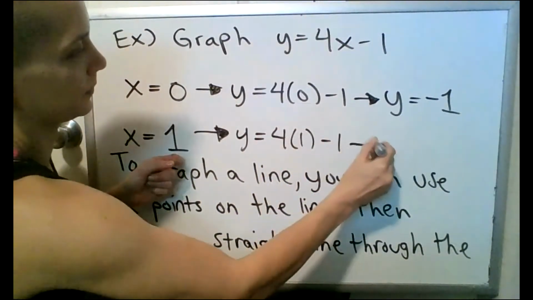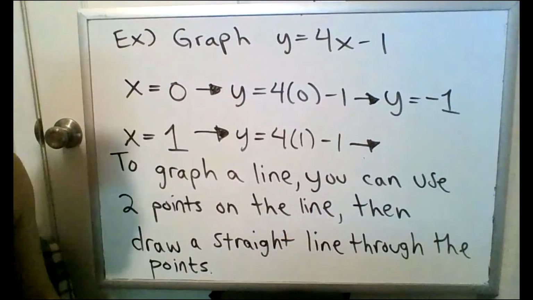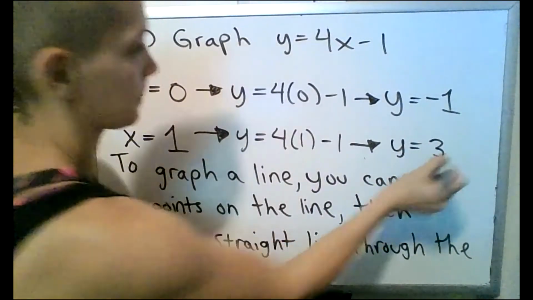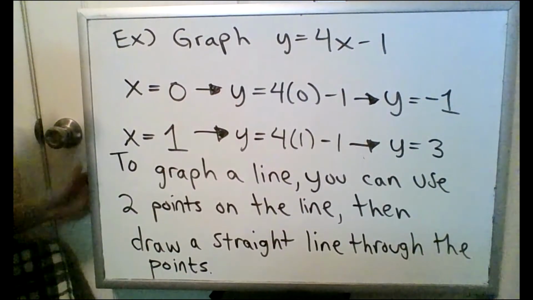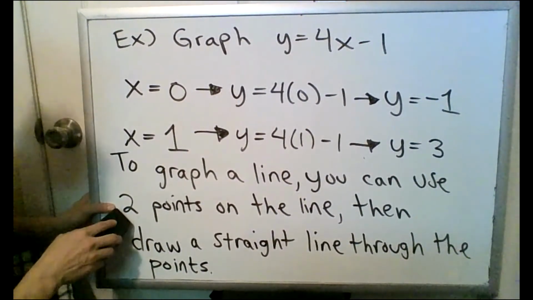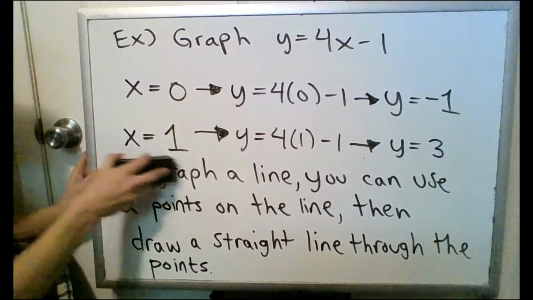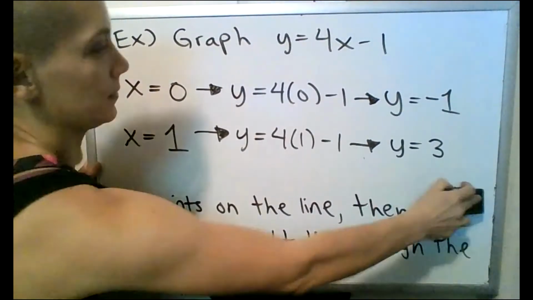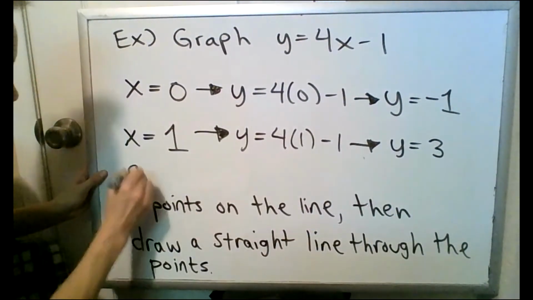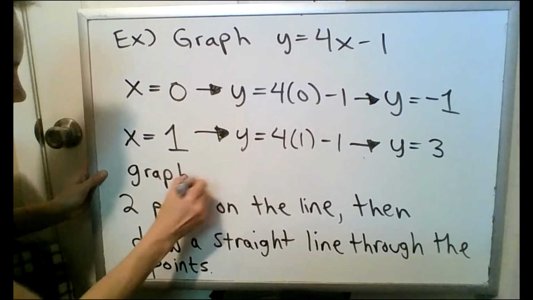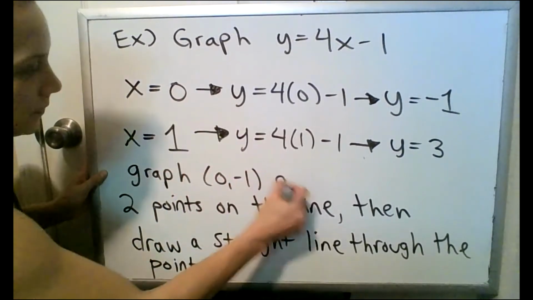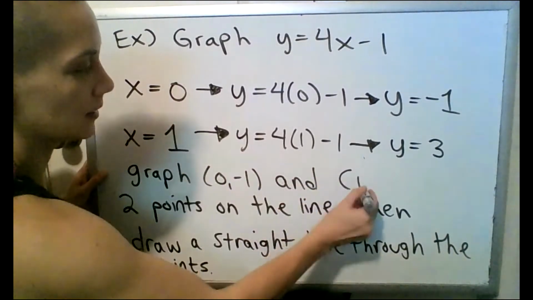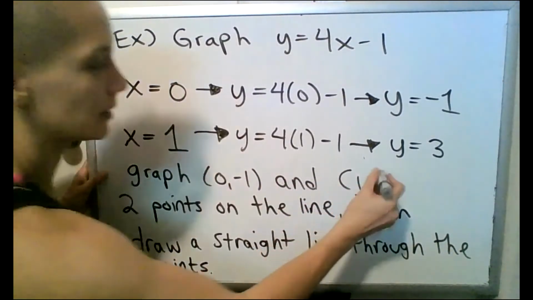Subtract 1. So y equals 3. So I just found 2 points. The first point is where x equals 0 and y equals negative 1. And my other point where x equals 1, y is 3.